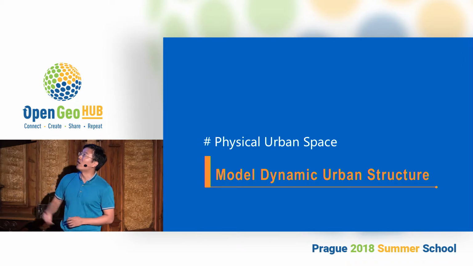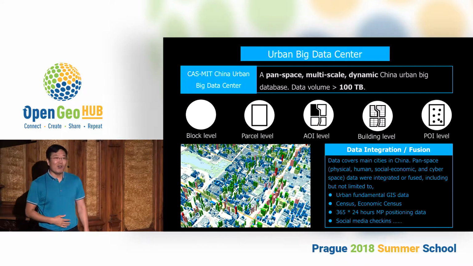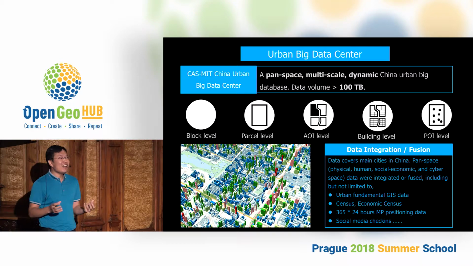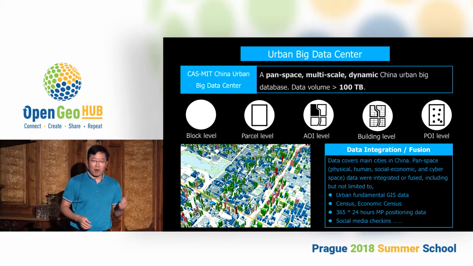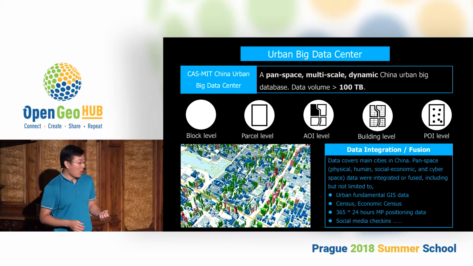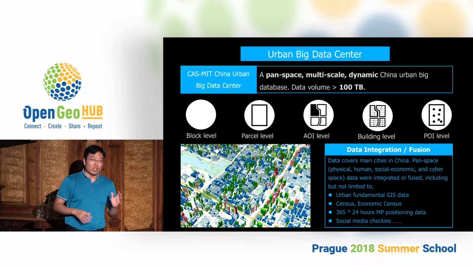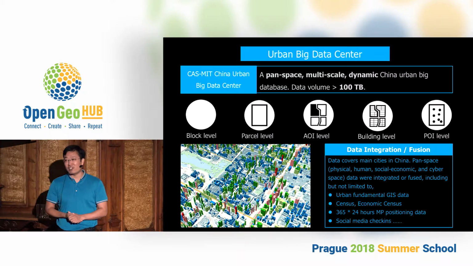First is about the physical urban space. Data is the center of big data. Yes, we spent more than 3 years to collect a variety of data. Now we have built a China Urban Big Data Center.